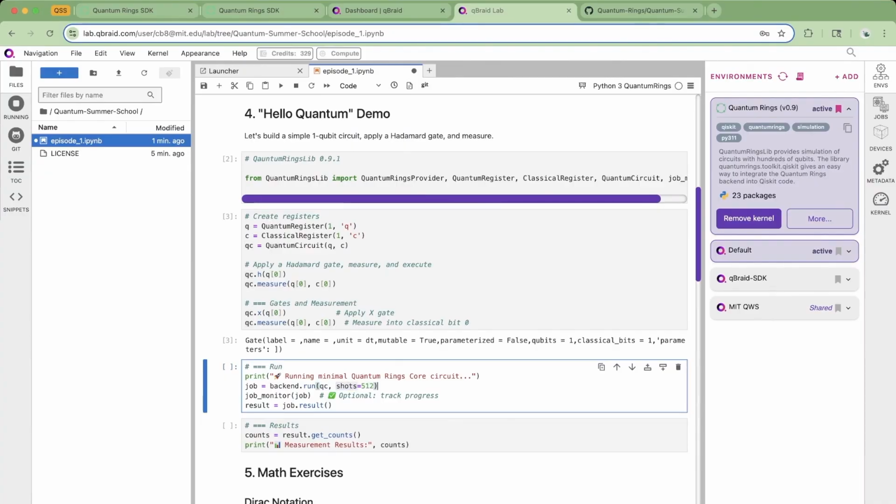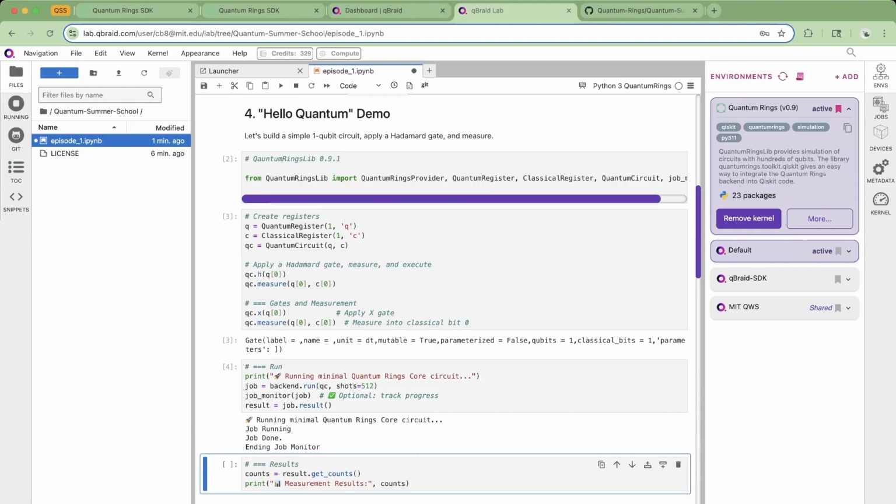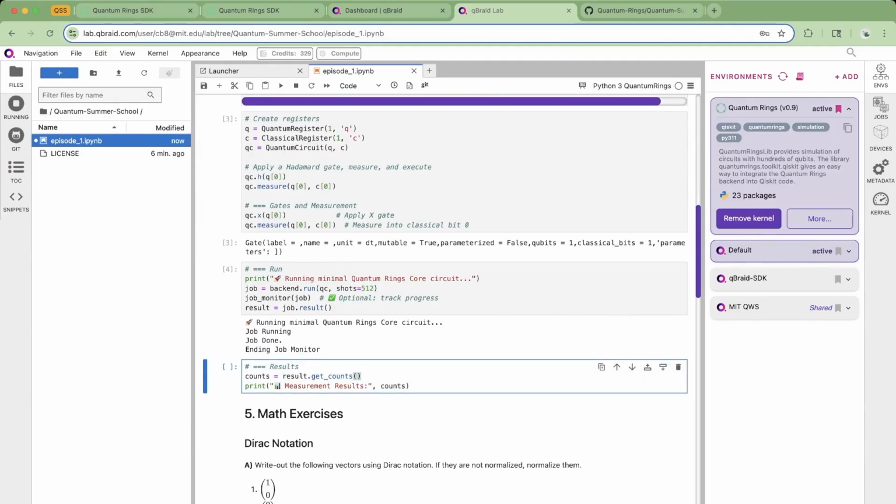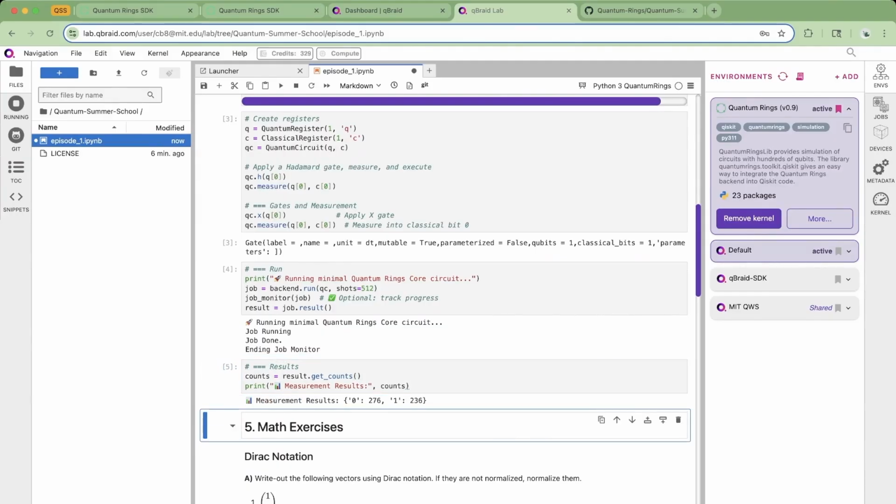So if you'll recall, we can only ever measure 0 or 1, but before that, our qubit is in a superposition of 0 and 1. So we're going to get some probability distribution of 0 and 1. So we want to do many measurements. So we can run this and get our result, and then finally we can print out our results. So we measured 0 276 times and 1 236 times.